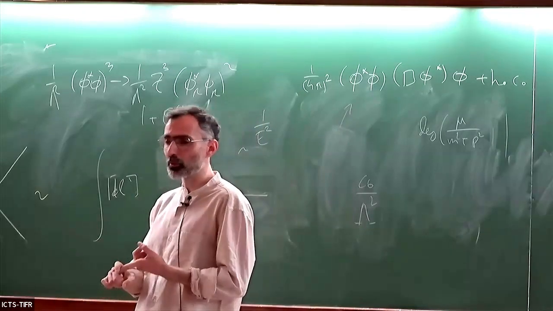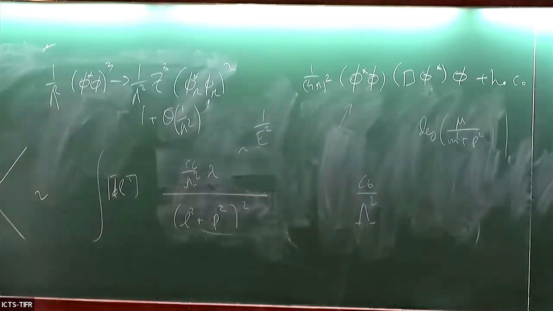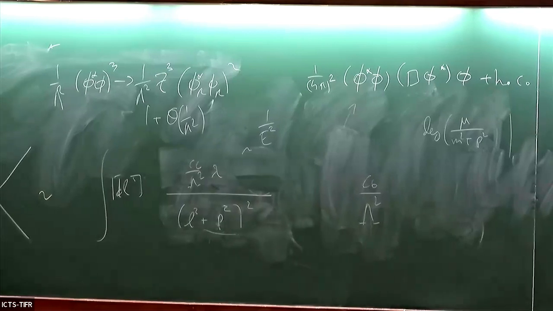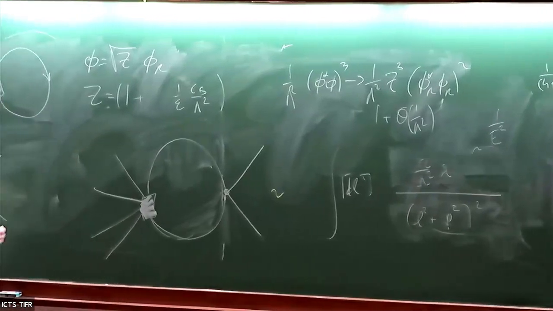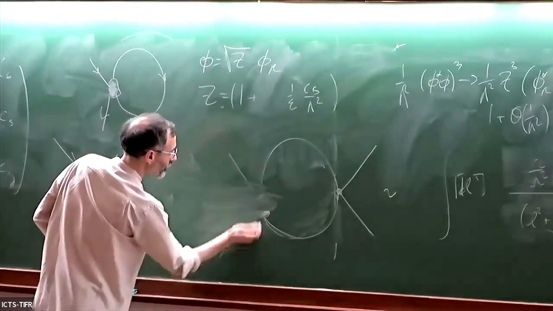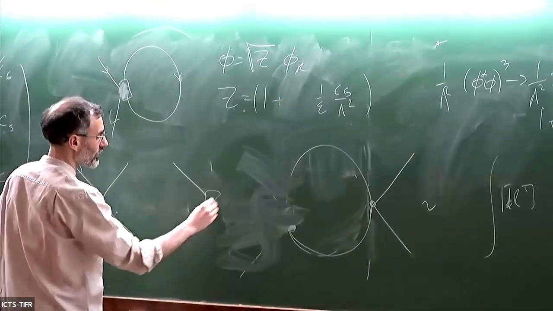Don't compute it, but just draw them. And sometimes, if you put in fermions, let's say we have fermions, you can have a four-fermion operator and the very operators that we consider with scalars.